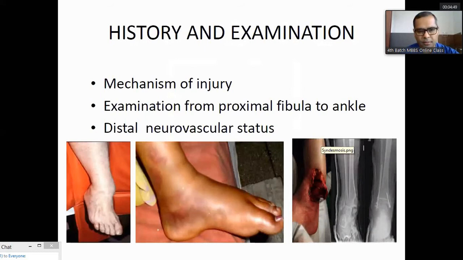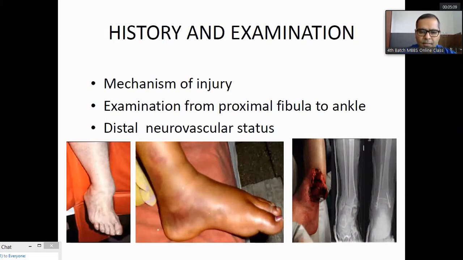When there is a gross fracture, we get the deformity like this, or sometimes dislocation, either medial or lateral dislocation. There should be a fracture for the ankle to be dislocated medially or laterally. Anterior posterior, there could be isolated dislocation without any fractures.